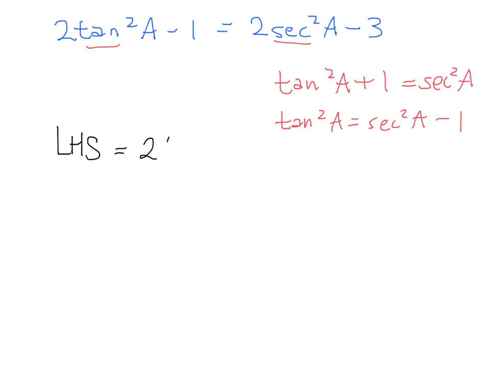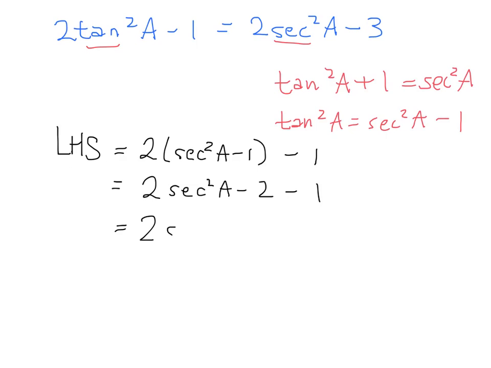So we get 2 bracket sec squared a minus 1 minus 1. We're left with 2 sec squared a minus 2 minus 1. And those two combine to give us 2 sec squared a minus 3, which is just our right hand side. So we're done.